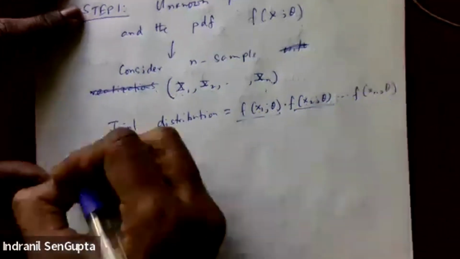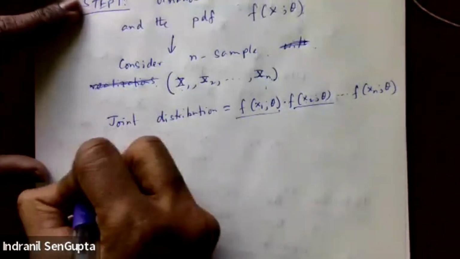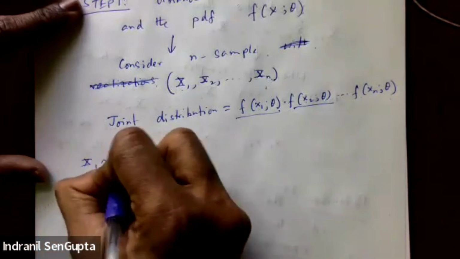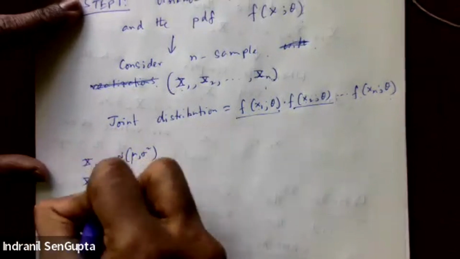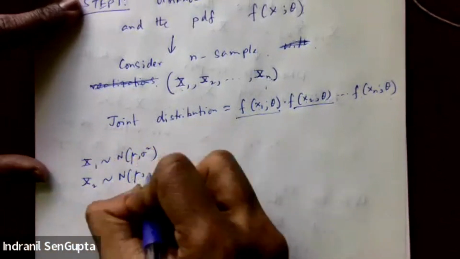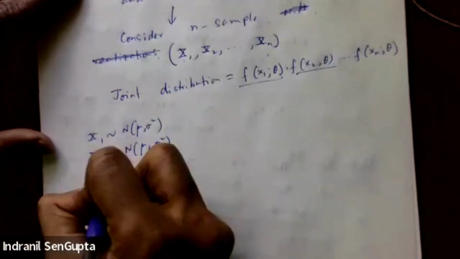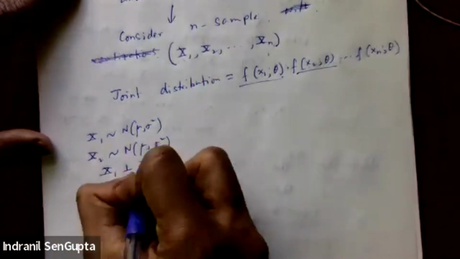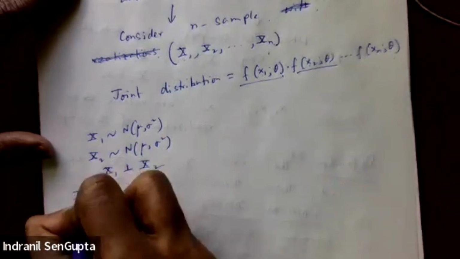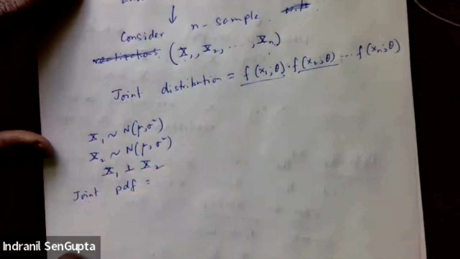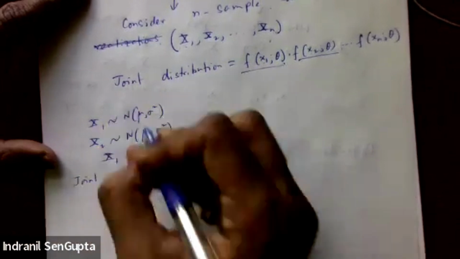What I mean is, suppose we have two distributions, say x1 satisfies normal distribution with mu sigma squared, x2 satisfies normal distribution with mu sigma squared, and x1 and x2 are independent. Okay, then what is the joint PDF? The joint PDF would be basically the product of these two.